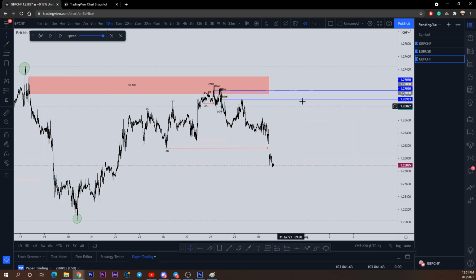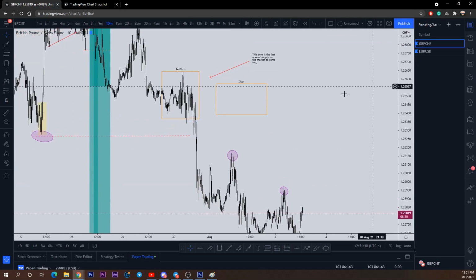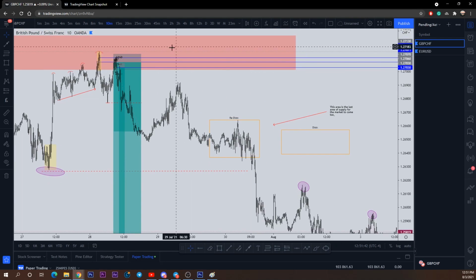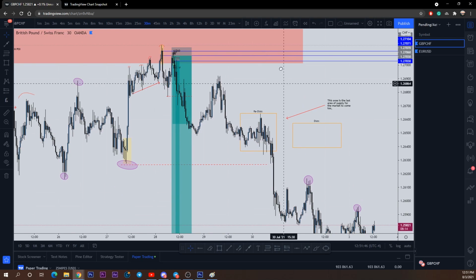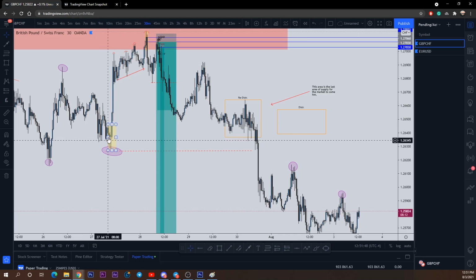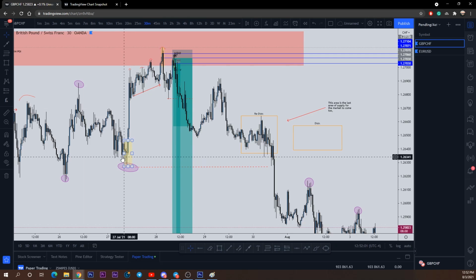So I'm going to go back to the other one to show you what I'm looking for next in this market. All right, so we're back to real time. I don't know how many times I've used this scenario in this video, but this area is demand. We had a reaccumulation inside of here. We had an accumulation inside of here. So this area was demand because I was actually trying to catch a buy in here, as I said before, and we actually reacted inside this area.